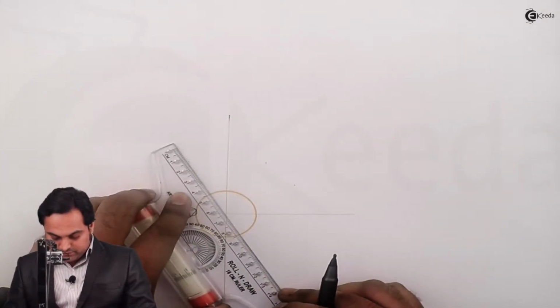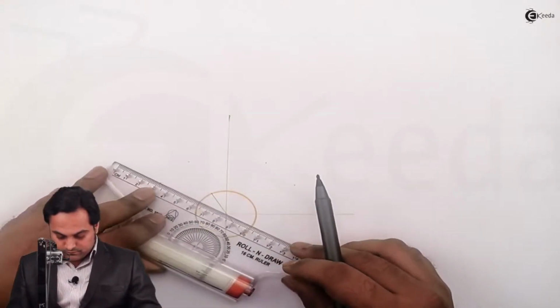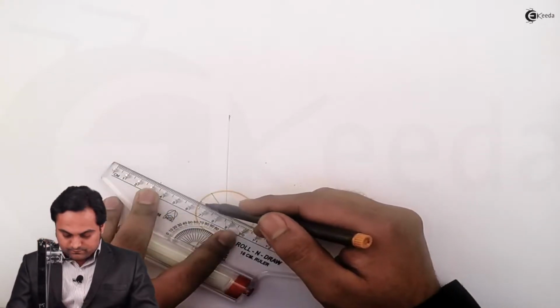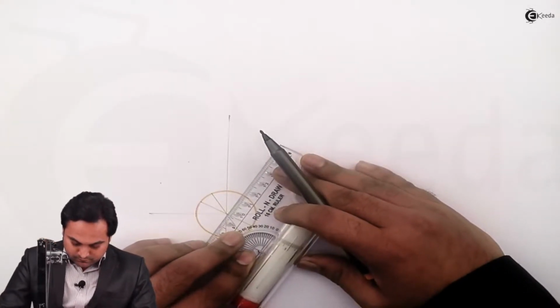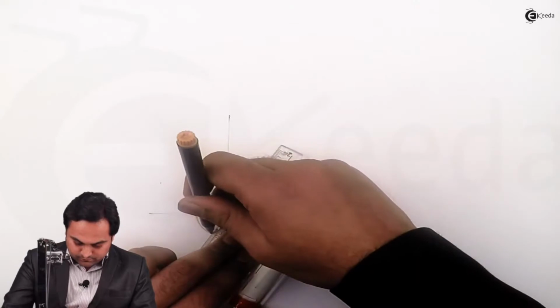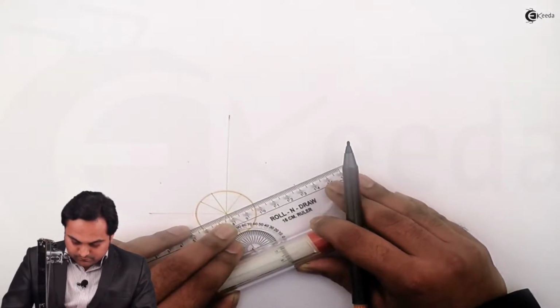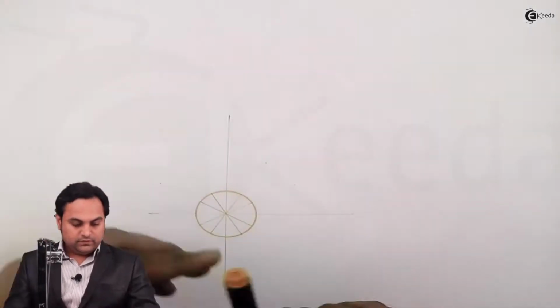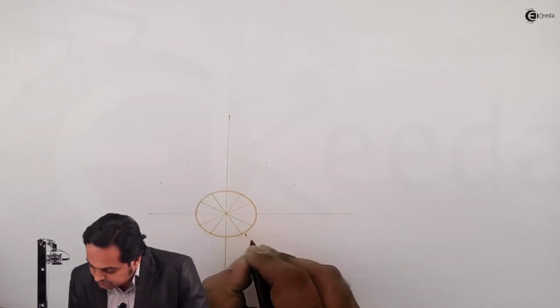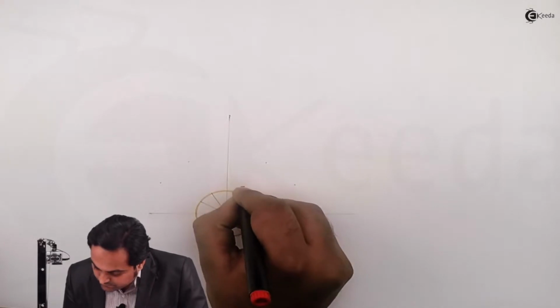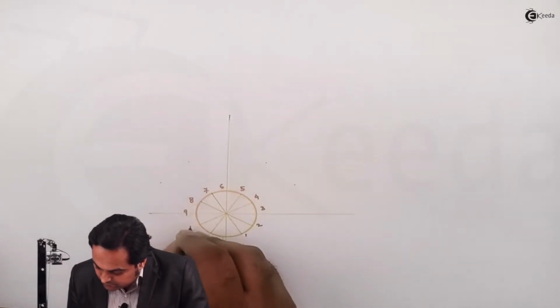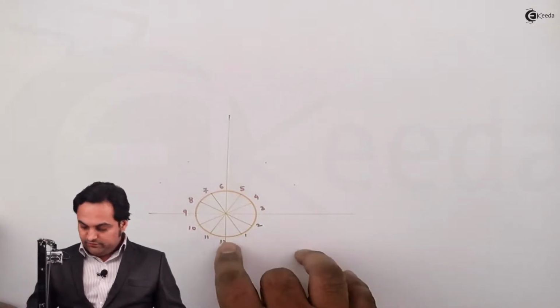Drawing light lines. Here I'll give the notations. Then through this point 12, here I'll draw a light horizontal line.